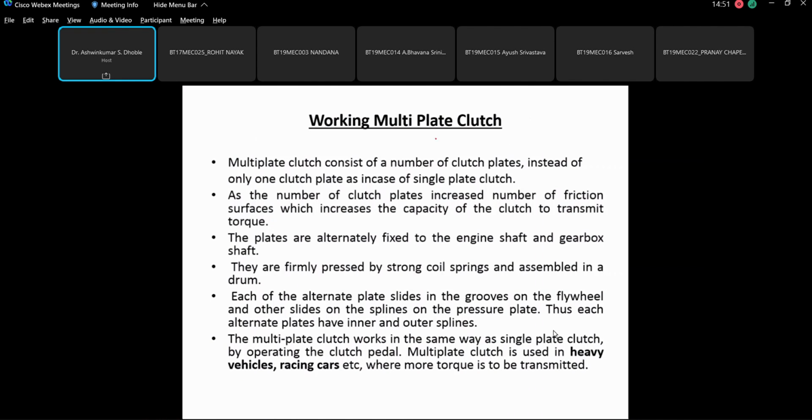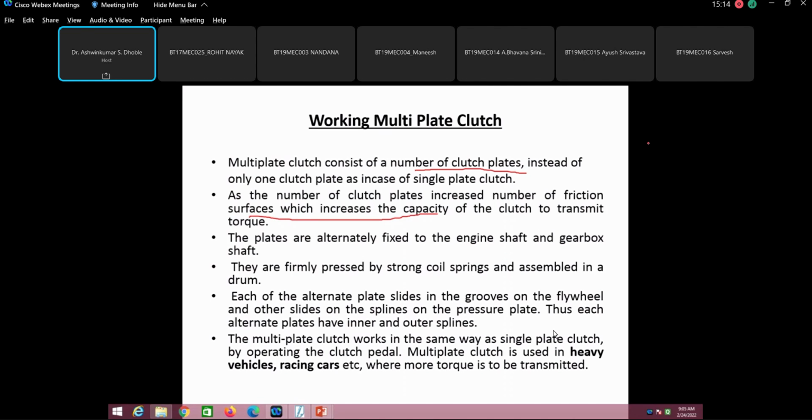Now the working of the multi-plate clutch: it consists of a number of clutch plates instead of only one clutch plate, as in a single plate clutch. As the number of clutch plates increases, the number of friction surfaces increases, which increases the capacity of the clutch for torque transmission. The plates are alternately fixed to the engine shaft and gearbox shaft.